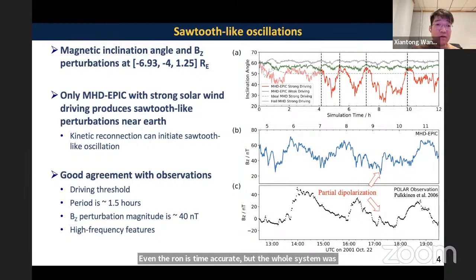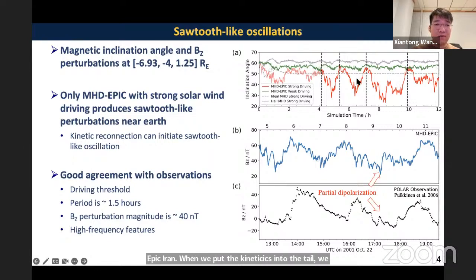And for the whole MHD, which is shown in the solid gray line here, it has some perturbations, but not a large perturbation as strong as the sawtooth oscillations. And with the MHD-AEPIC run, when we put kinetic physics into the tail, we can also see small oscillations.